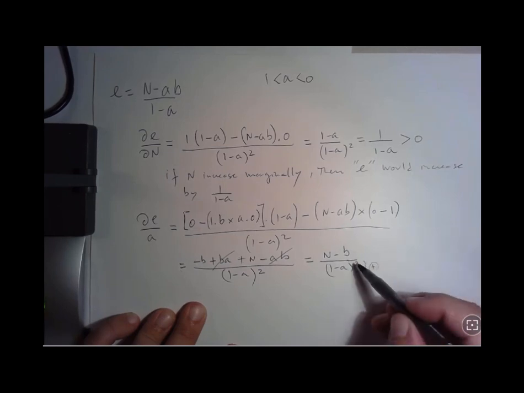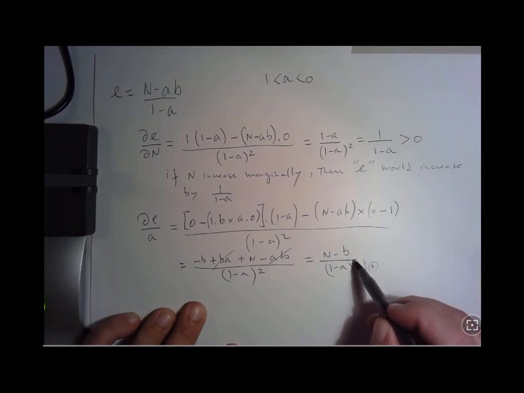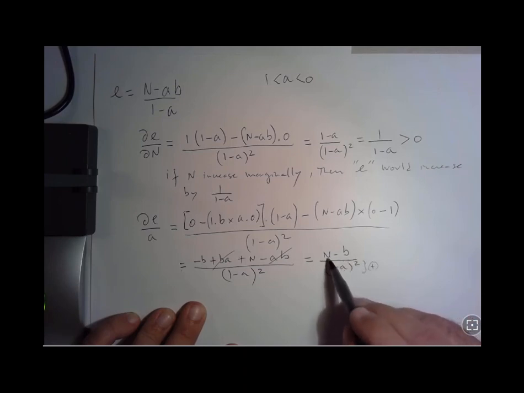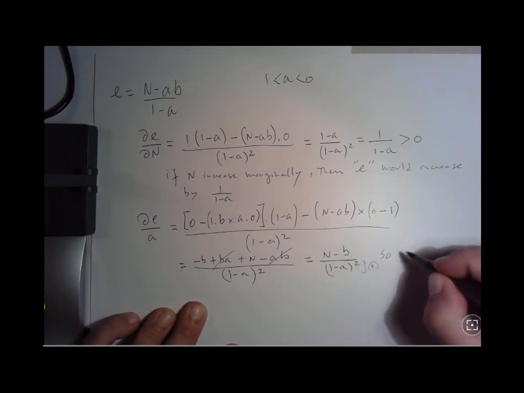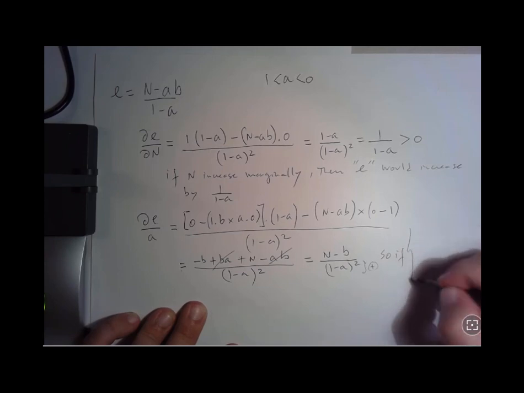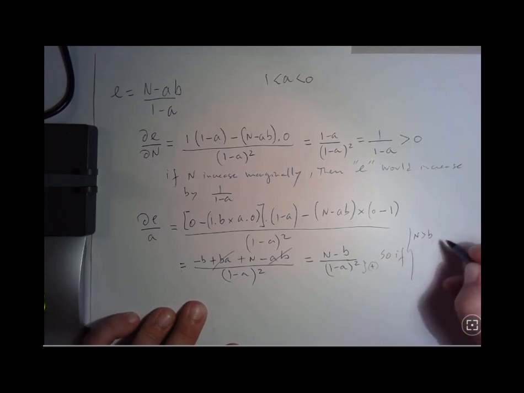So this part here is always positive because it's squared. Whatever is on the top, on the numerator, could be positive or negative depending on the relationship between n and B. Right. So if n is greater than B, what we have is that the derivative of E with respect to A is positive. If n is less than B, then the derivative of the effective rate of protection with respect to A is going to be negative.